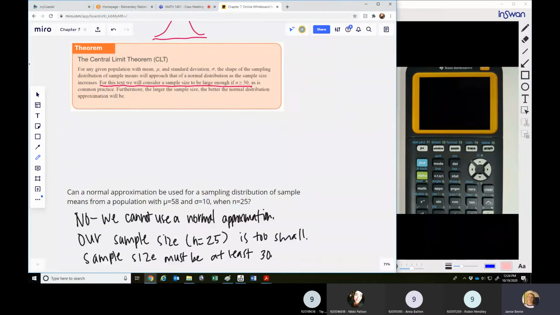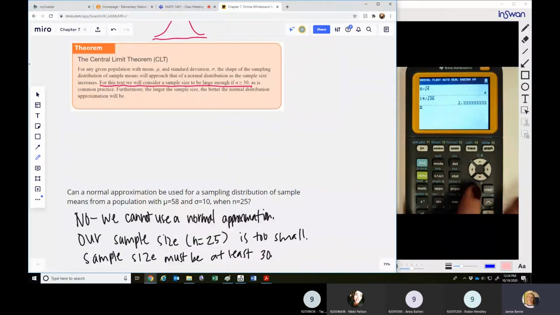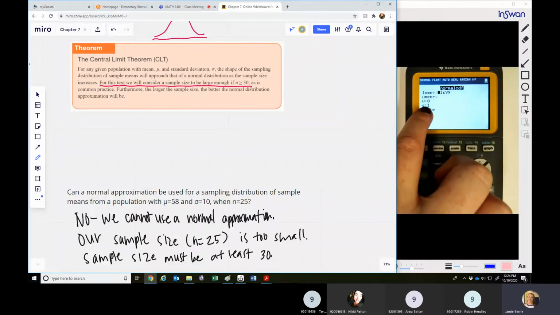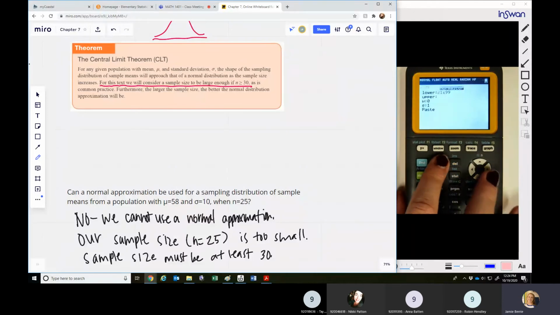Now, this is very important and very useful because we know a lot about the normal distribution. We learned in chapter 6 in the last unit that the normal distribution is really easy to use. Almost all of our questions, we did them the same way. We just went to normal CDF, plugged in our lower limit, our upper limit, our mean, and our standard deviation, and we were able to quickly calculate areas under the curve.